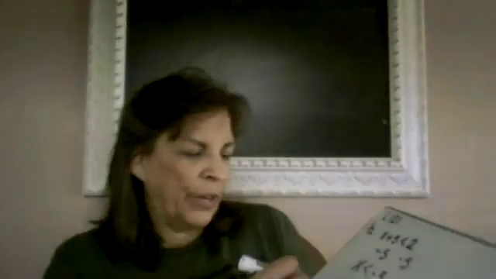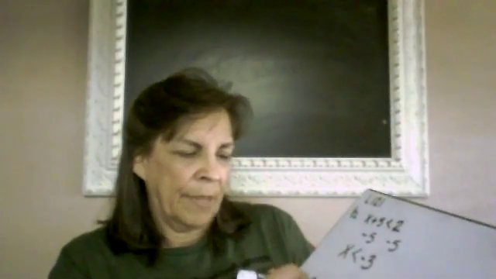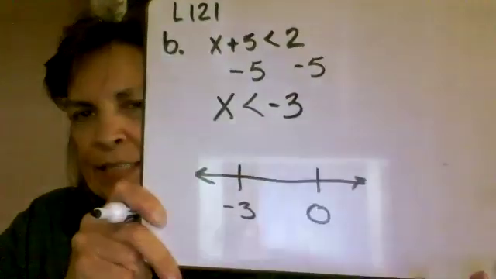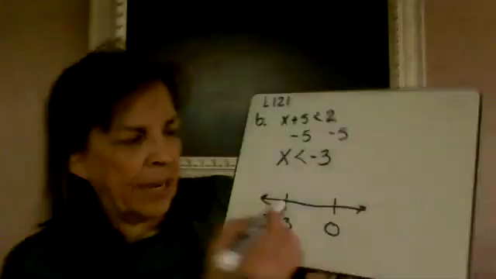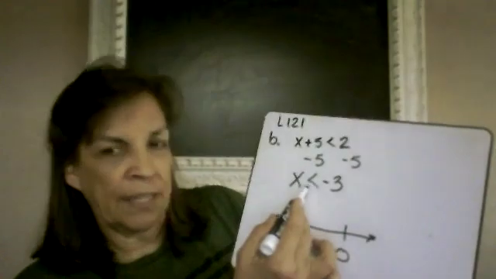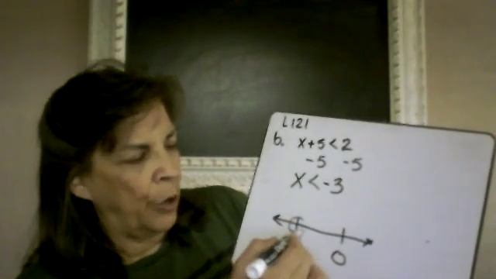Okay, what if I want to graph that? Well, here's negative 3, here's 0. How do I graph x is less than negative 3? So I go to my negative 3. Do I include it? Well, it just says less than, no equal. So that means I need an open circle.